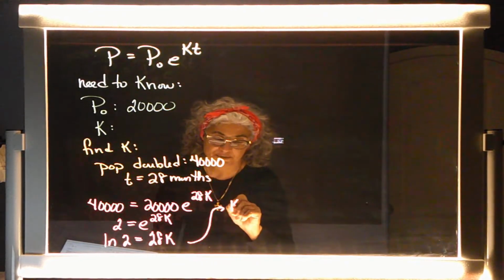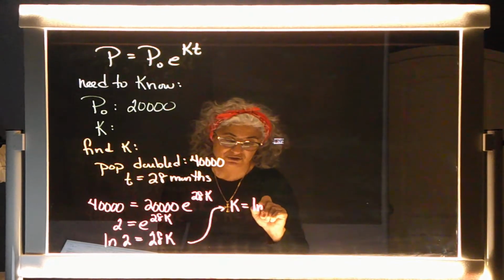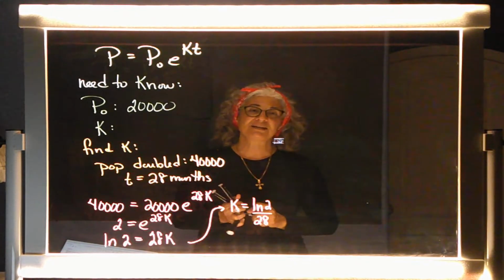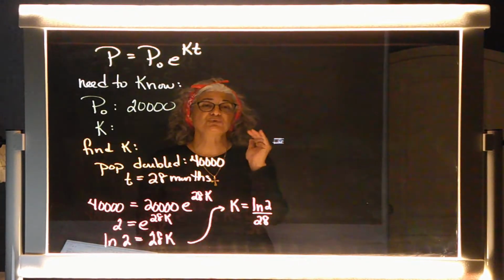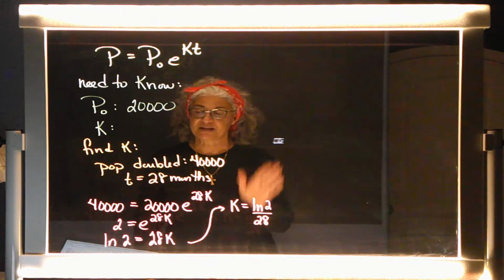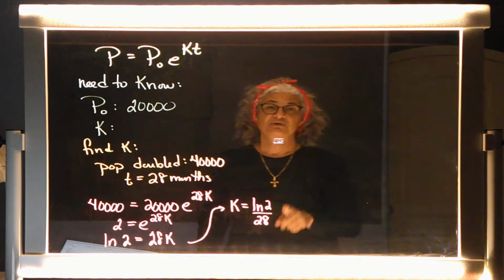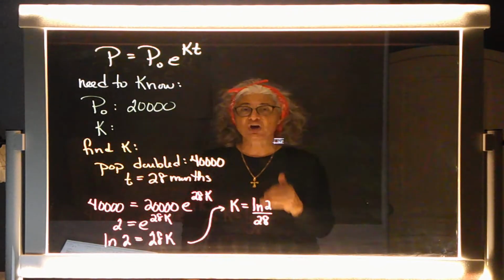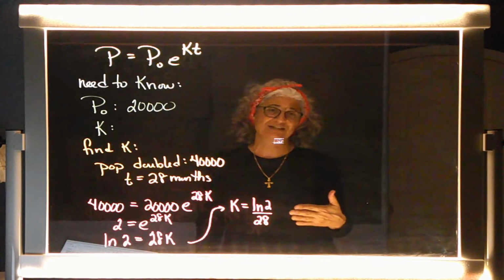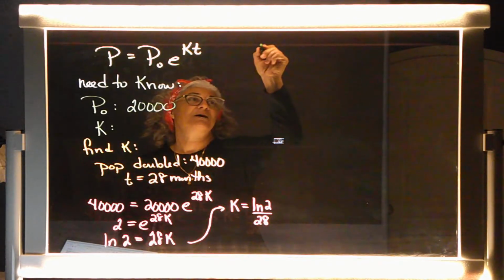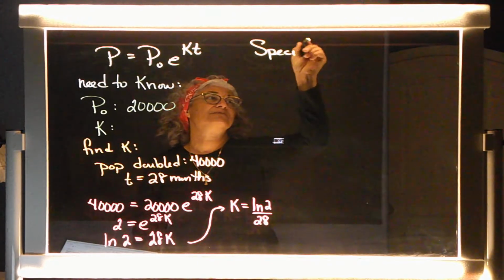That tells me my rate is the natural log of 2 divided by 28. Just like the last problem, I do not want a decimal here because it says do not round until the final answer. If I round too soon, I am not going to get as exact an answer as we're looking for.